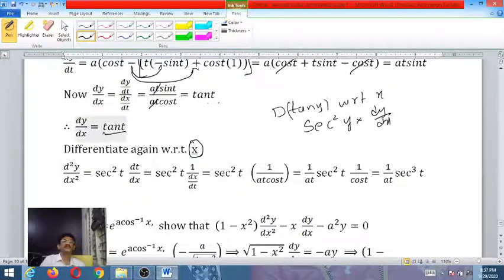So similarly, the derivative of tan t with respect to x is secant square t into dt by dx. This dt by dx can be written as 1 by dx by dt. So this dx by dt is a t into cos t. 1 by a t is taken out. What is 1 by cos t?